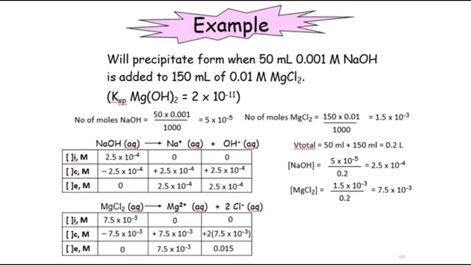So we get at equilibrium, MgCl2 will become 0, Mg2+ 7.5 times 10 to the power of negative 3, and Cl- will become 0.015.